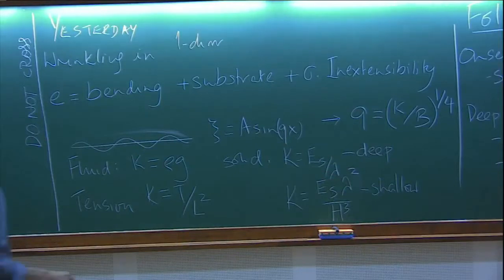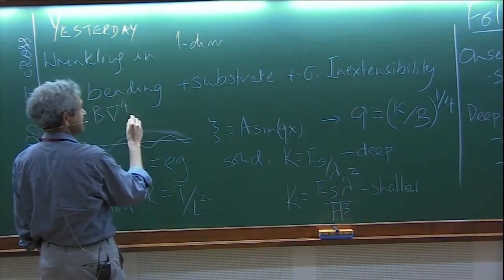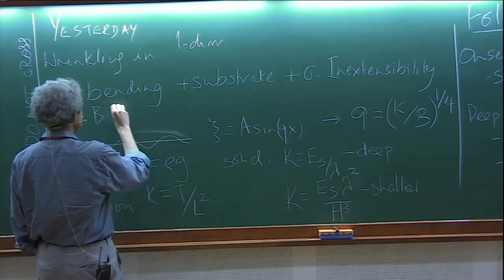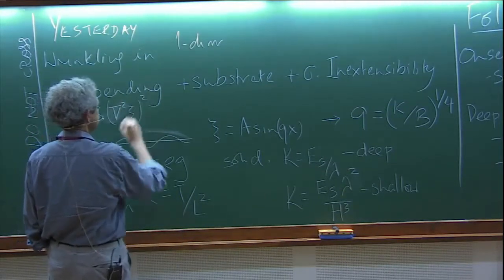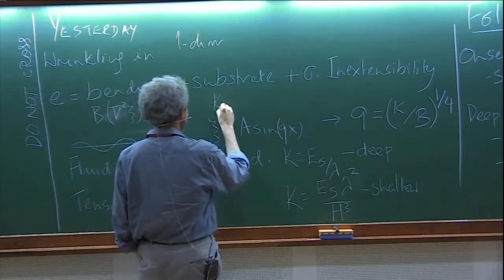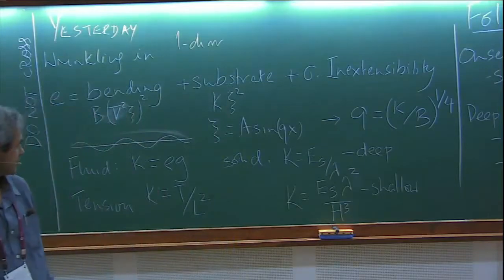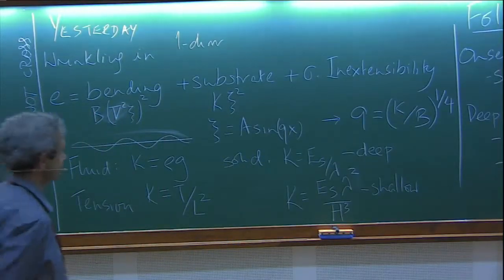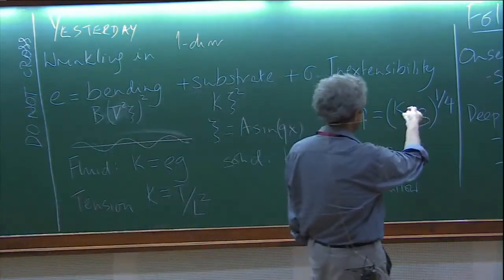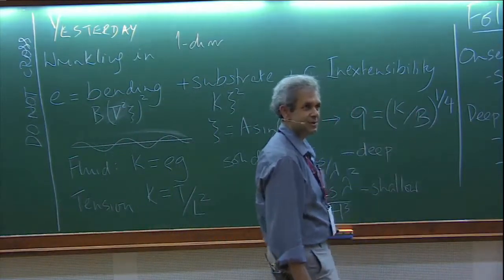So this thing is just your B times the fourth derivatives, let me write it as energy, curvature squared. And then we found that when you minimize this, you get a wave number that has to do with the substrate and with the bending energy raised to the 1/4 power.